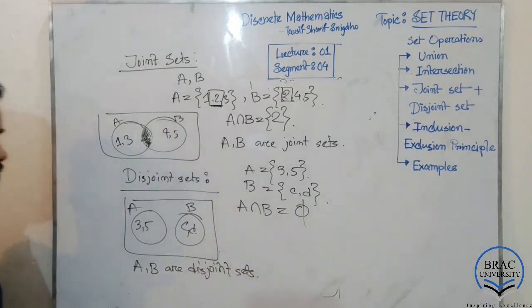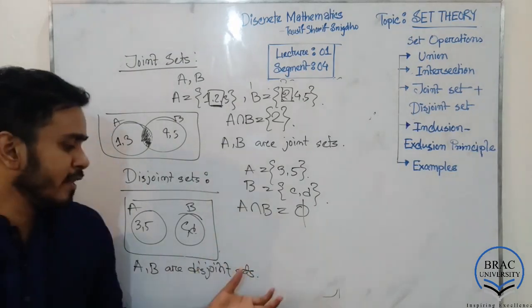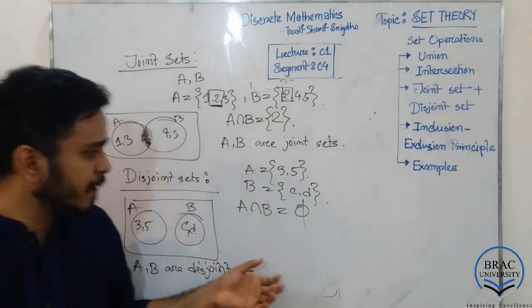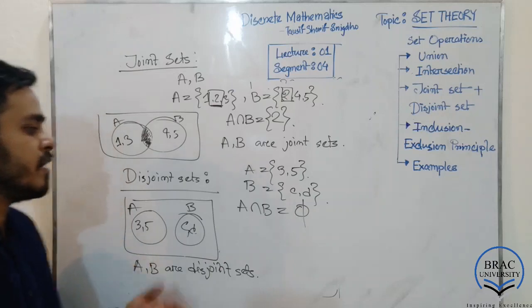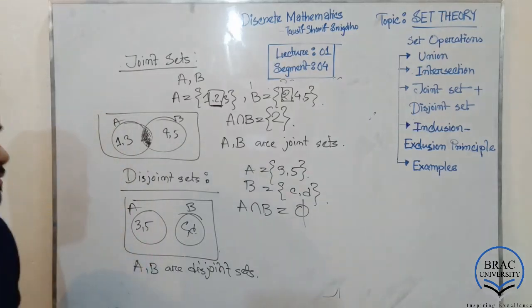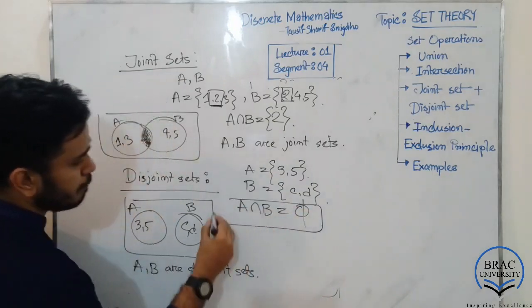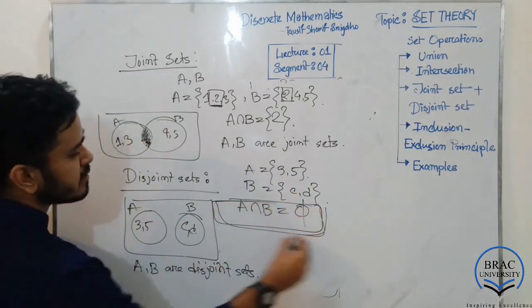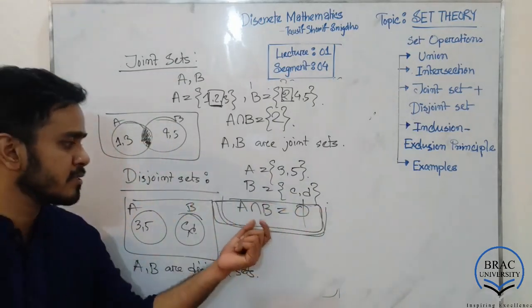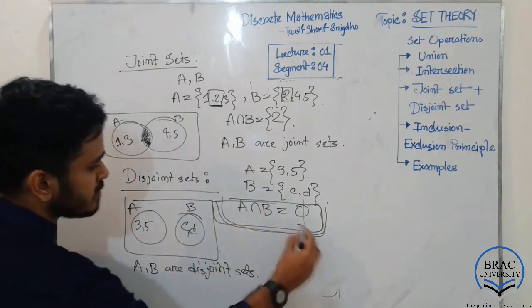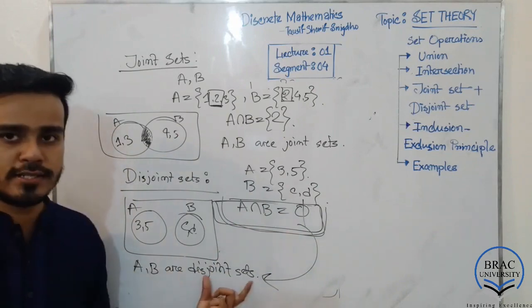So we can define joint sets and disjoint sets depending on a comparatively easier statement. If A intersection B equals null, that means there are no common elements between A and B, then the sets are called disjoint sets.